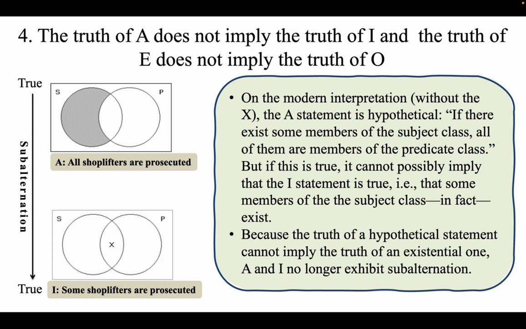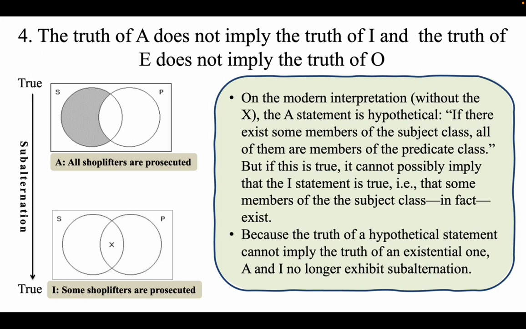After all, A is merely making a hypothetical statement, saying if there are members of the subject class, then they are all members of the predicate class. But this cannot possibly imply that some members of the subject class in fact exist.